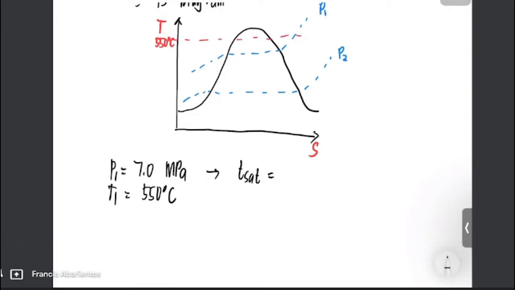T sat is 285.88. Therefore, yung temperature 1 natin is greater than the T saturated. Therefore, superheated vapor siya.